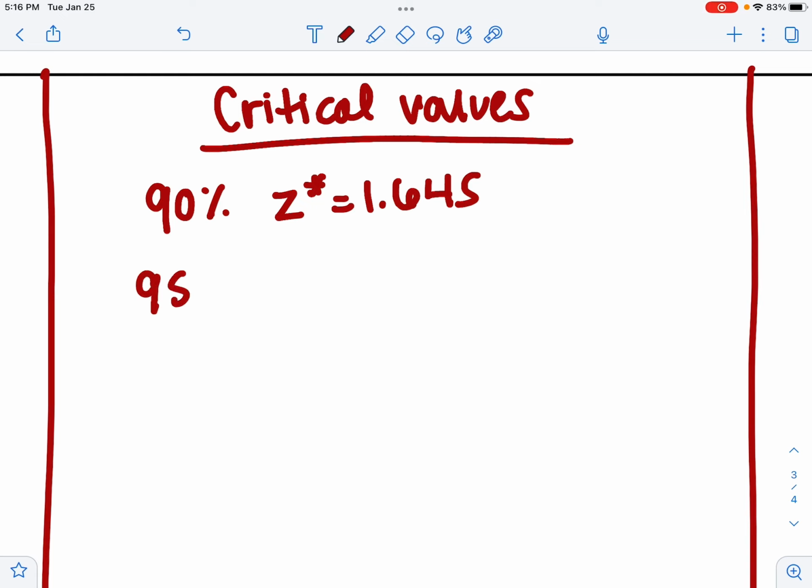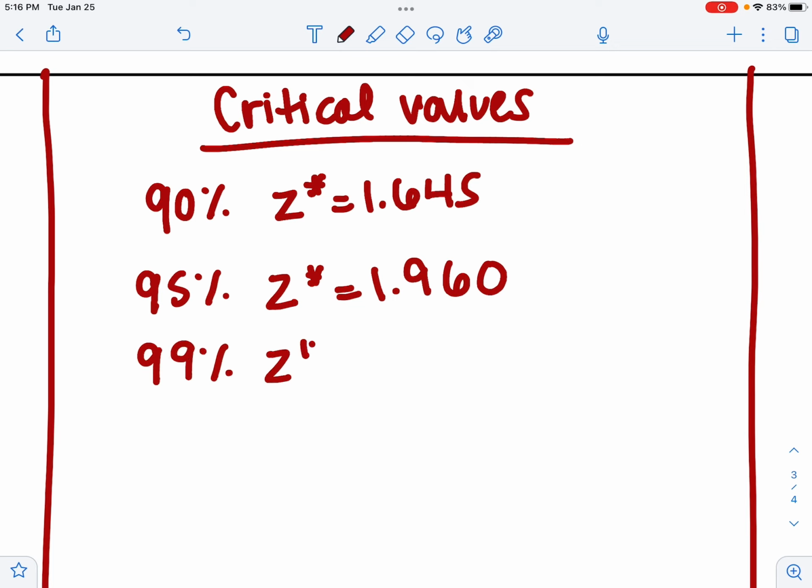For 95%, the critical value is 1.960. And for 99%, the critical value is 2.576. Now, as we saw today, you could have also found it for 80. You could find it for other values if you were asked to. But these are some very common ones.